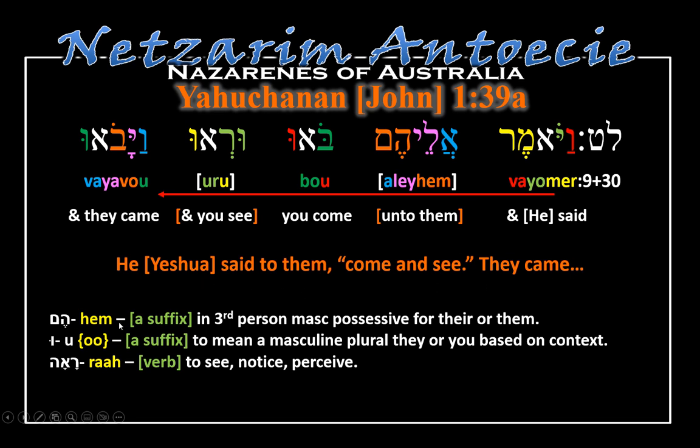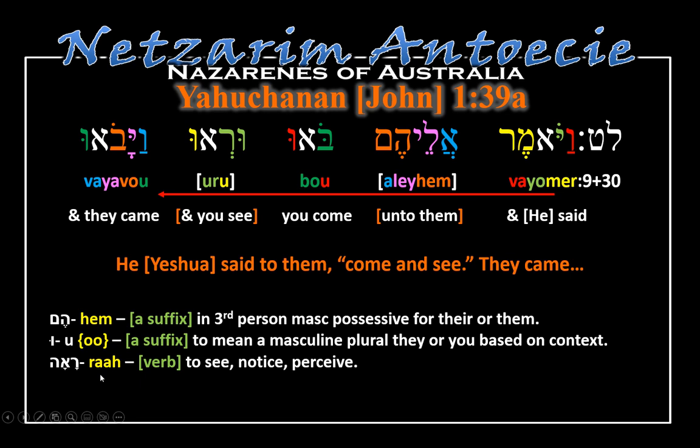They came. So hem is a suffix, third person masculine possessive for their or them. And then I've given you u, which is this form. It's a suffix to mean a masculine plural they or you based on context.